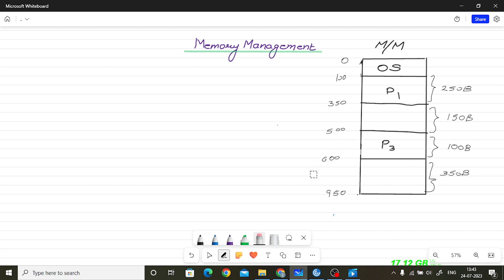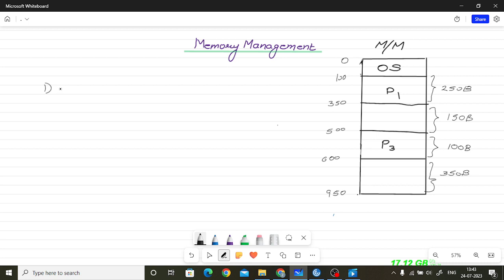So how will the operating system keep track of which part of the memory is free? The operating system mainly uses two methods to keep track of free space in the main memory in dynamic memory allocation, dynamic partitioning you can say.